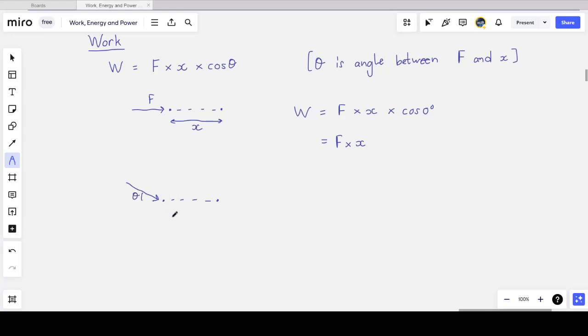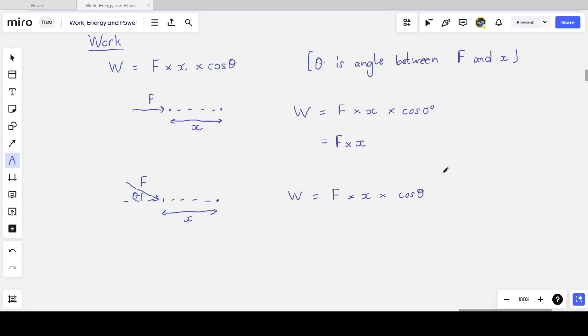And so again, I have the displacement to the right. The object moves some distance X to the right. And the angle between the force that I applied, I'll call it F again, and the object is theta. Now the work done in this case is the force multiplied by the distance in the direction of the force times the cosine of theta.